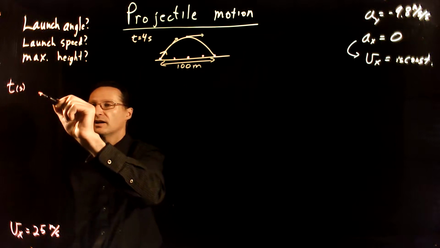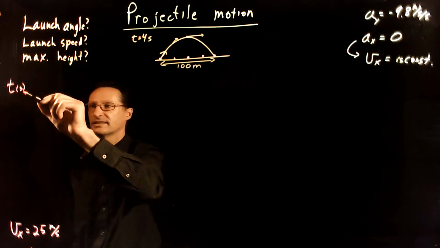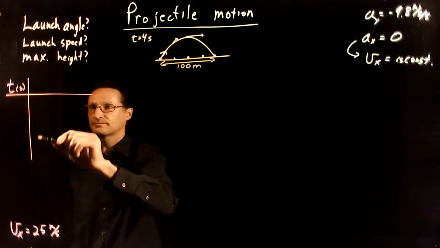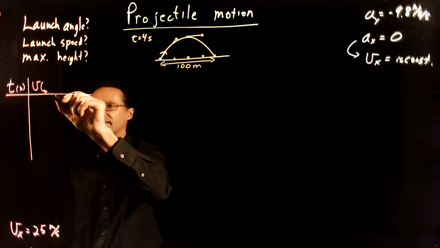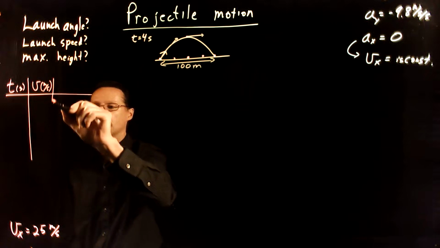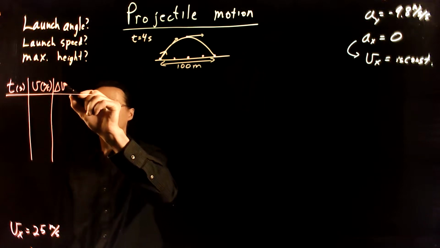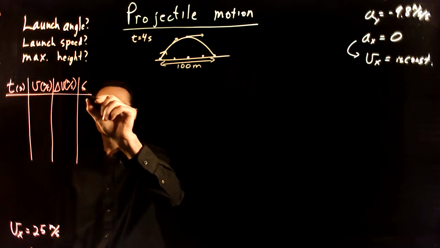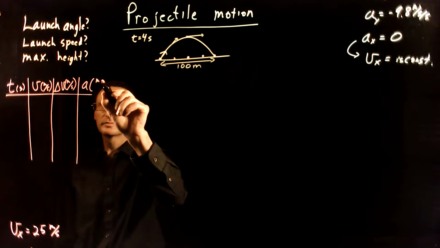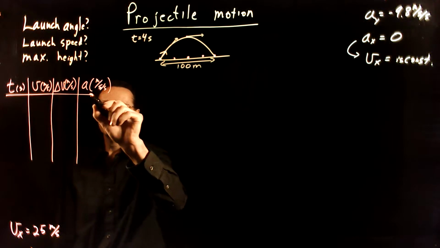So we're going to write out the time in seconds, and we want to write out the velocity, in meters per second. And we want to think about the change in velocity, in meters per second. And then we want to think about the acceleration, in meters per second per second. Okay?